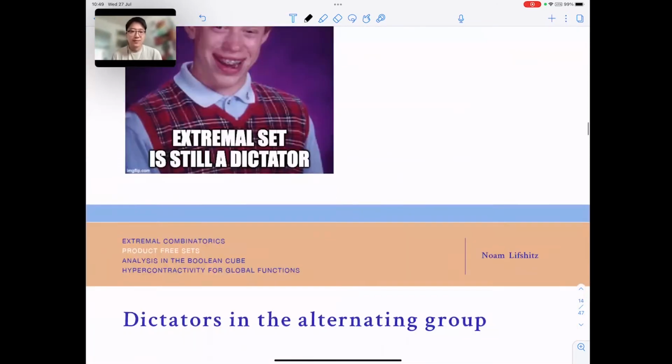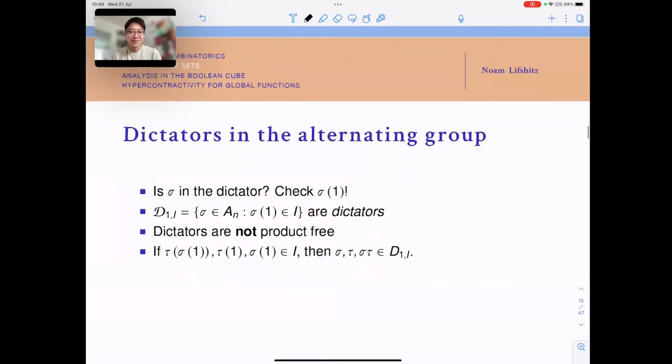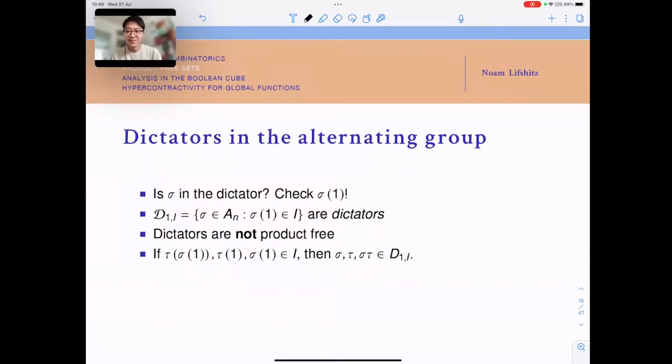Okay, so what are dictators in the alternating group? What does it mean that a family is a dictator? It means that if I want to check whether an element belongs to the family, I only need to check one coordinate.